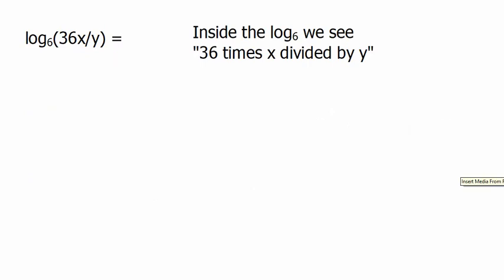So we can have more than 2 terms in here, and we just work through them. Inside this log base 6, we have 36 times x, so that's going to change to a plus, divided by y, that's going to change to a minus. Each term is separated.